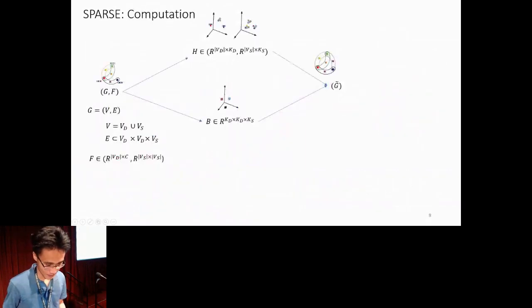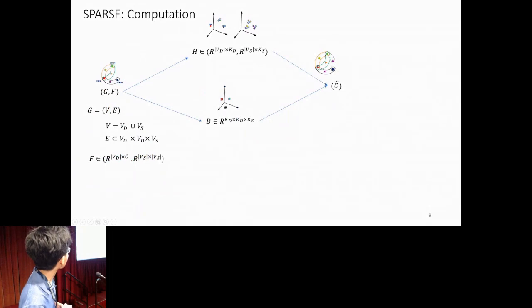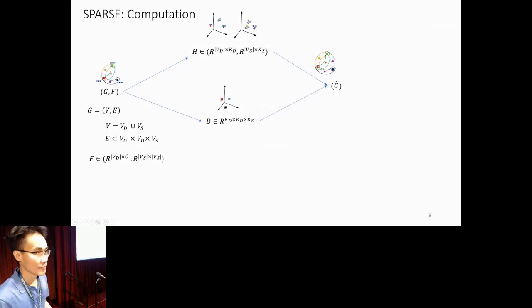So I will detail a little bit about the computation of SPARSE. This is a simplification of how SPARSE works. We start with Z and F. Z is the hypergraph representation of DDI data, and F is drug feature, and also maybe side effect feature.